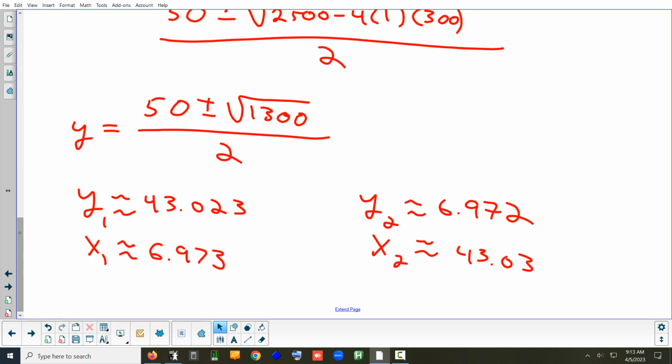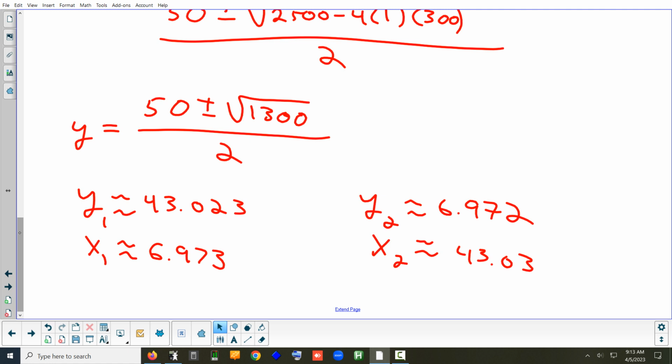What do you notice about these two answers? Yeah, y1 is similar to x2 and x1 is similar to y2. Yeah, they're basically the same answers. The only reason they're not exactly the same is because I rounded.